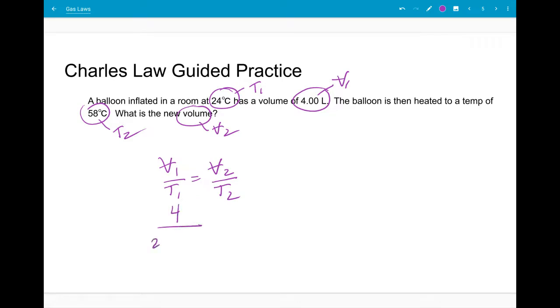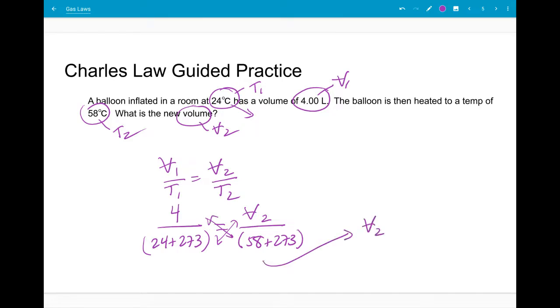Sometimes I'll just throw it all in one thing here, making sure I include parentheses, just as a reminder to my brain to convert to Kelvin, or sometimes I would just go ahead and convert it there. So this is going to be cross multiplying, solve this one out, and I find that V2 is equal to 4.5 liters.